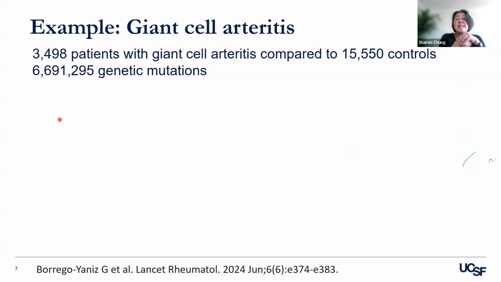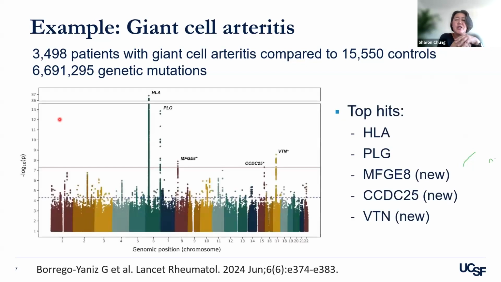And they looked at over 6 million genetic mutations, DNA-based changes, to see which of those genetic mutations are more common in patients with giant cell arteritis. And this graph here is just a summary of what they found.